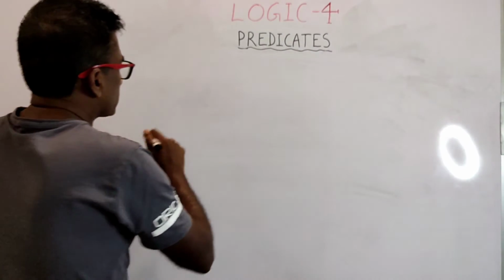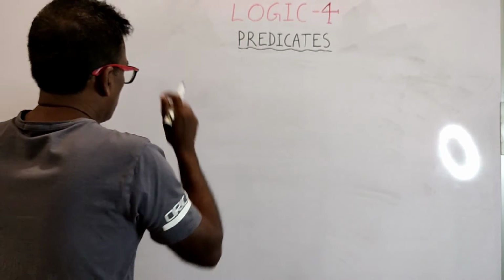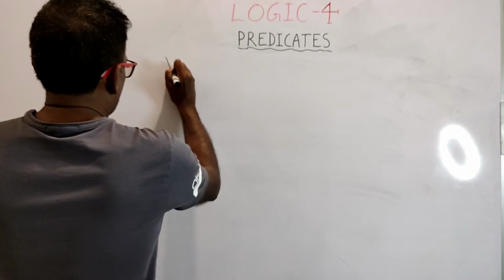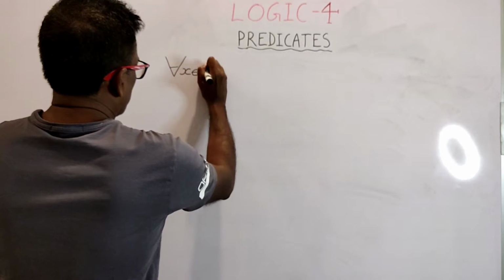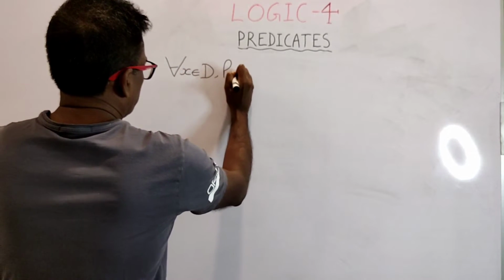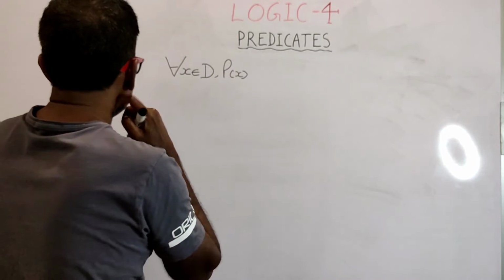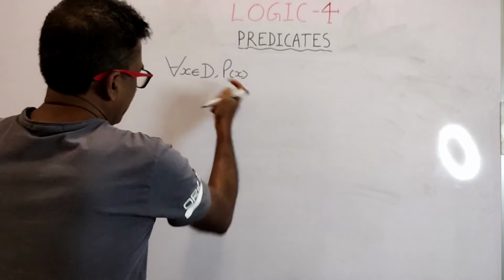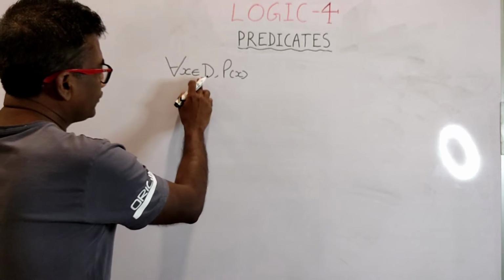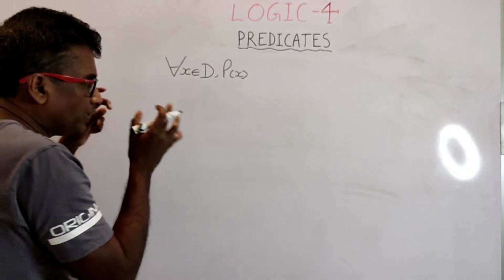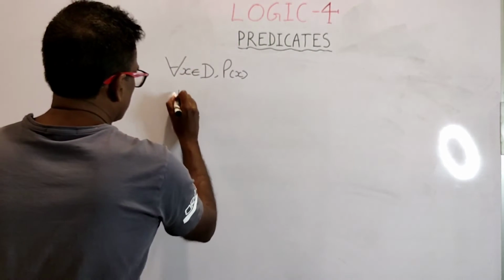Now we are going to study the quantifiers a bit more. Consider this proposition. This is not a predicate, this is a proposition now. What we are saying is all x in D have this property. Now assume that we list all the elements in this universe of discourse.